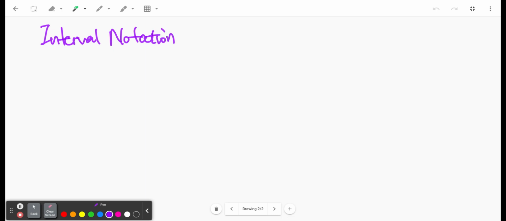Let's look at the example here, and then let's take a look at the guided practice. Write this down. If you see parentheses, that means that number is not included.